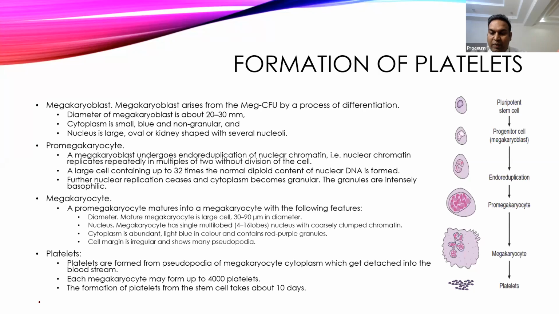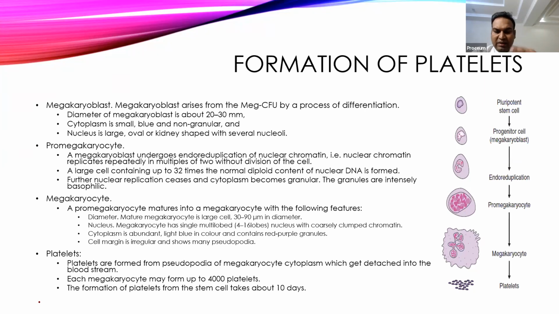Then there is increased proliferation inside the cell, called endoreduplication, and it forms megakaryocytes, where the nuclear chromatin multiplies repeatedly, and multiple pairs of chromatin develop inside the cell. It is a large cell which contains almost 32 times more DNA as compared to normal cells.